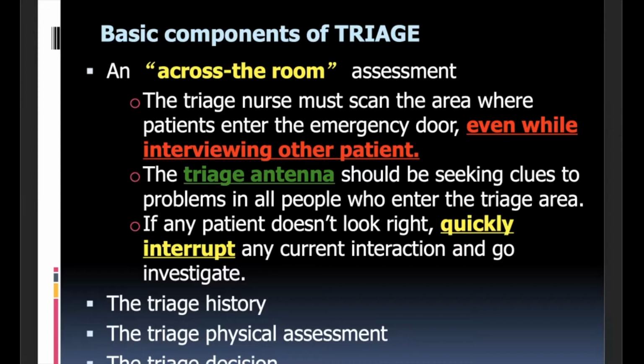It's a matter of prioritization. Even if you are already dealing with a certain client, and the next client is deteriorating or has an emergency that you really need to attend to, you need to interrupt what you're doing with your former patient and go attend to that patient.